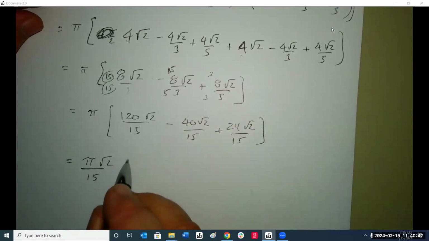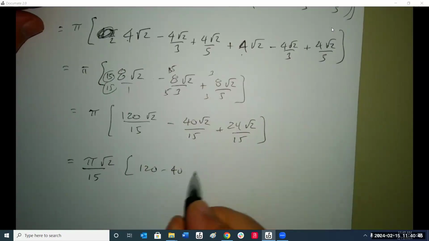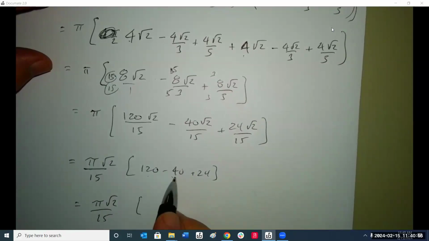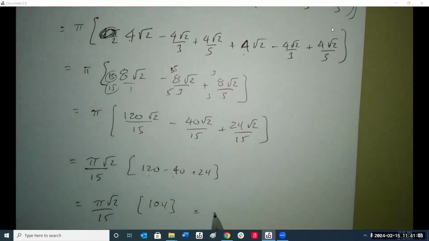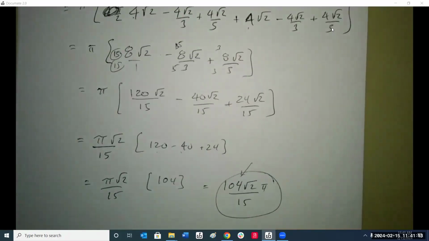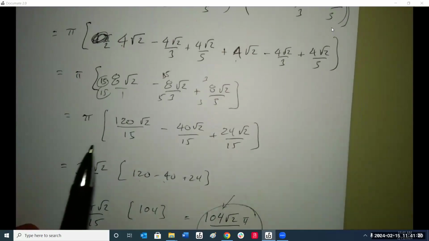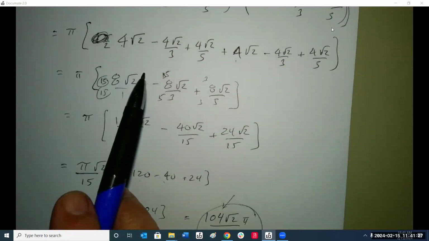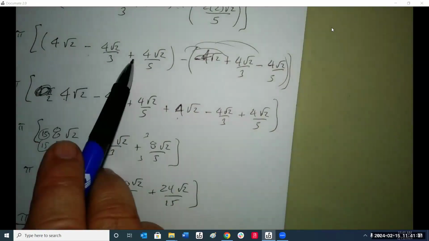It's going to have root 2. And it's 80 plus 20 is 104. That number is wrong. Plus minus plus.